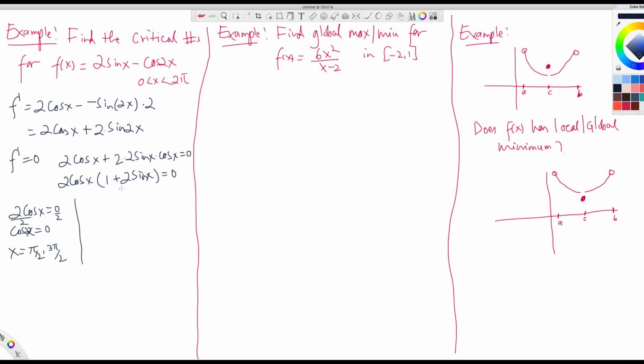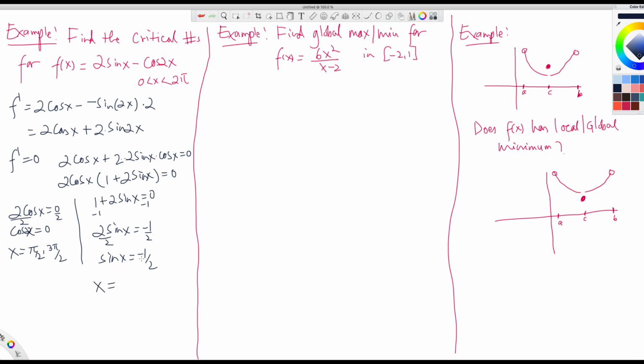Similarly, for the other factor, 1 plus 2 sine x equals 0. So subtract 1, you get 2 sine x equals negative 1, and divide by 2, so sine x equals negative 1/2. So sine is negative in the third quadrant and the fourth quadrant, right?